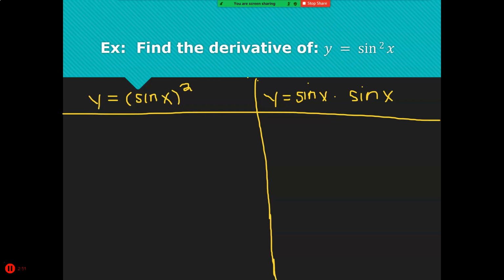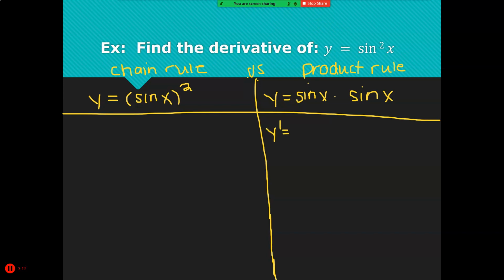So we're going to do a comparison of the chain rule versus the product rule. So on the right is the old way. I would have given you sine x times sine x.